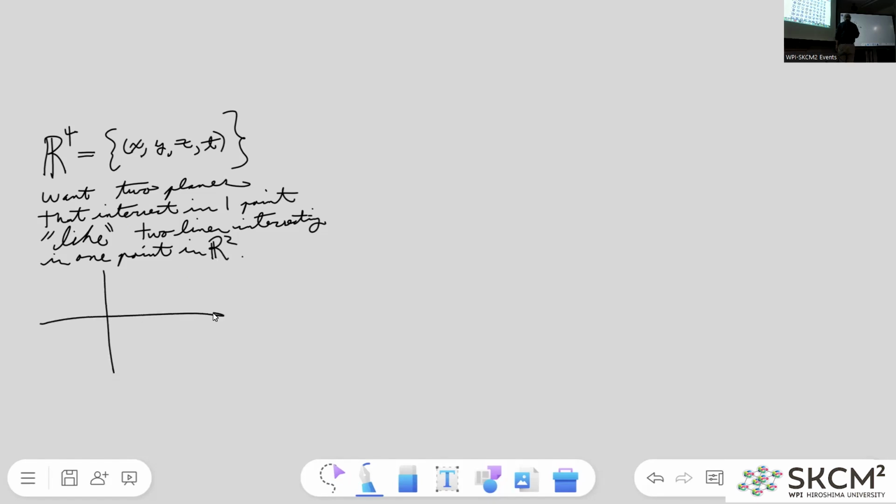This we're familiar with. 2 lines can intersect in 1 point in R2, like that.